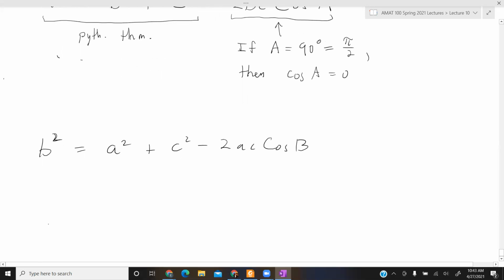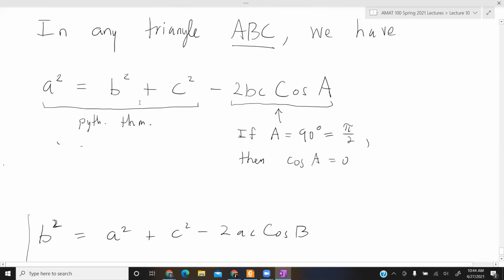And then you have c squared is equal to a squared plus b squared minus 2ab cosine c. So these two formulas right here are a permutation of the above equation. You're just swapping the letters around, permuting the letters in some sense.